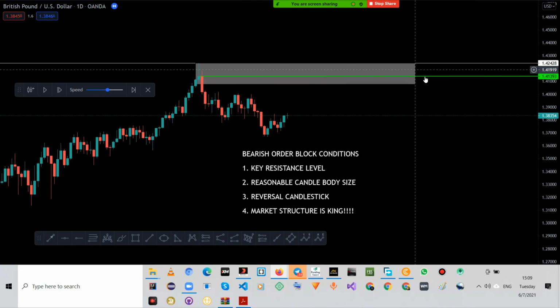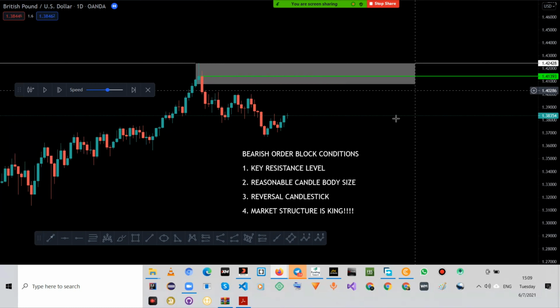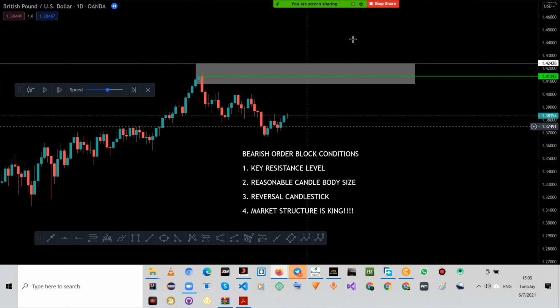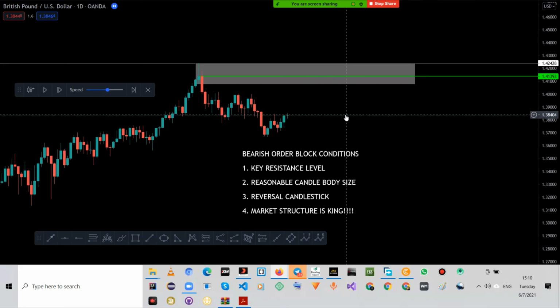Also, on this lime green level, the midpoint of the order block, is the area where you are expected to set your limit orders, your sell stop orders, and you can set as many as you can depending on how confident you are with the structure and the trade.